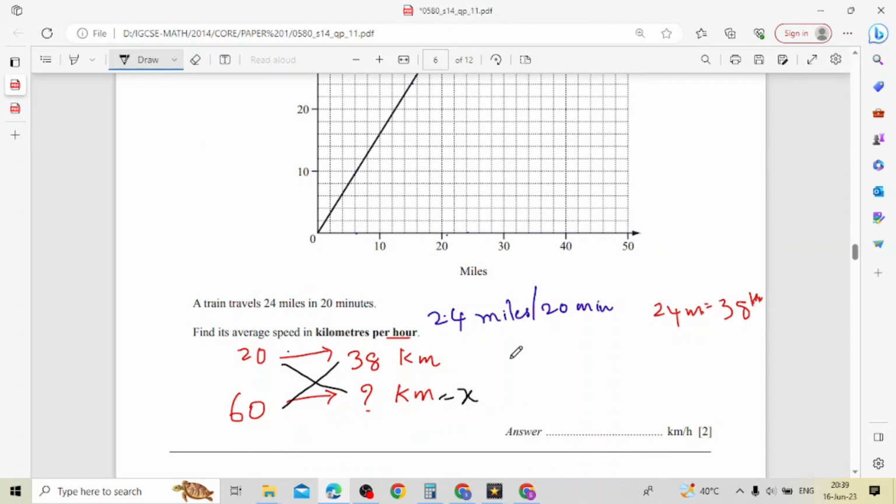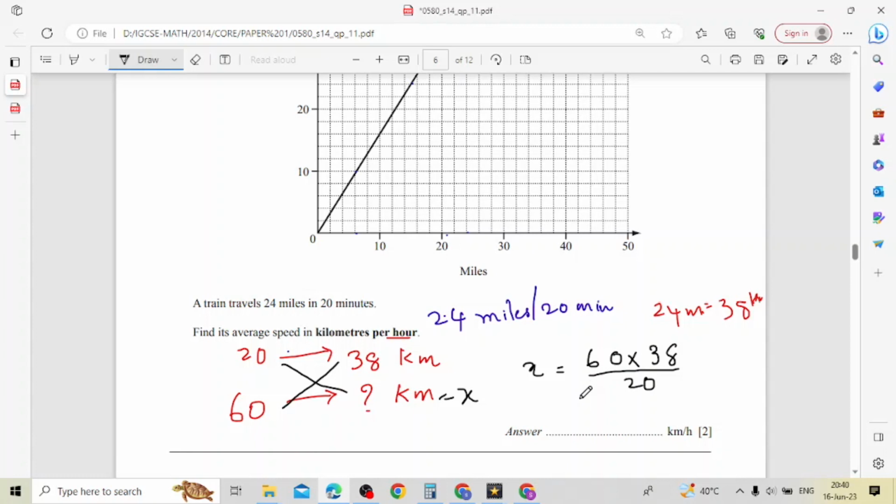Now let's get the value. x is equal to 60 times 38 over 20.